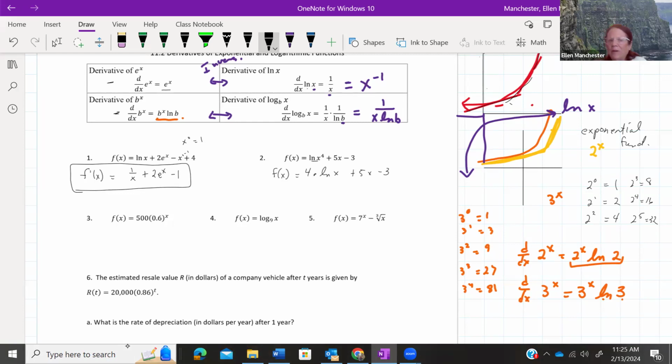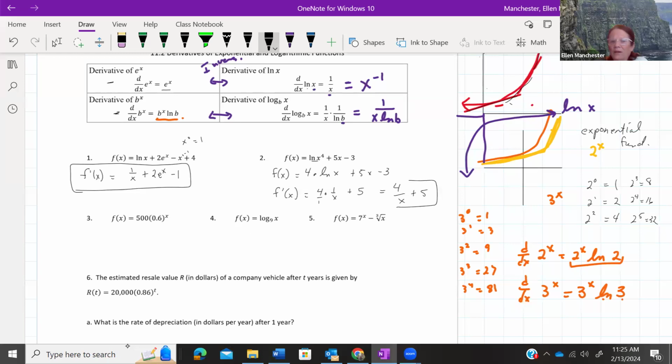So now I can find my derivative. ln of x is 1 over x. So this is 4 times 1 over x. And then the derivative of 5x is just 5. The derivative of -3 is 0. It goes to 0. So when I put this all together, I get 4 over x plus 5.